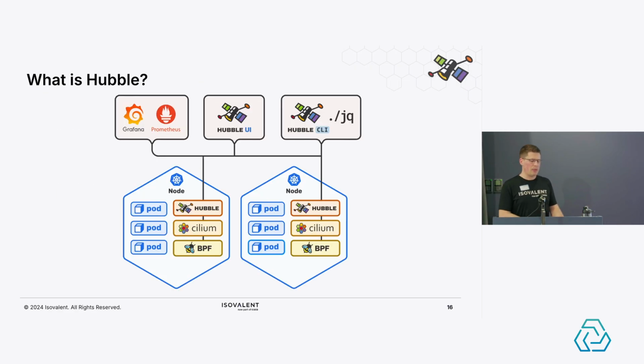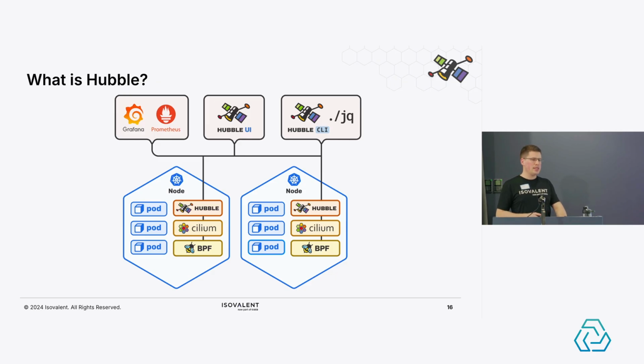Now, what is Hubble? Hubble is essentially the observability tooling built on top of Cilium. So it's highly coupled to Cilium, and it provides you visibility for what's happening within your cluster. So you see every single connection that is happening from one pod to the other pod, and so on.